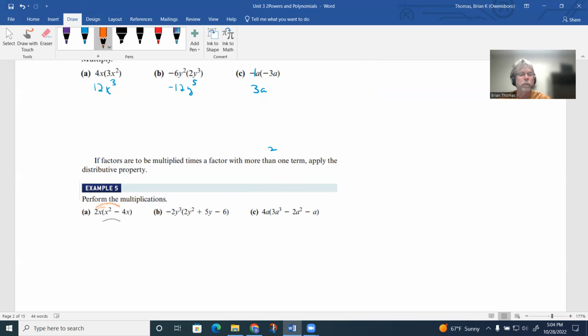So each term must be multiplied by the 2x. So it's kind of what we just did up here. So 2x times x squared becomes just 2x cubed. Then 2x times negative 4x, so we multiply the coefficients. 2 times negative 4 would be negative 8, and x times x would be x squared, and that would be our answer to that.